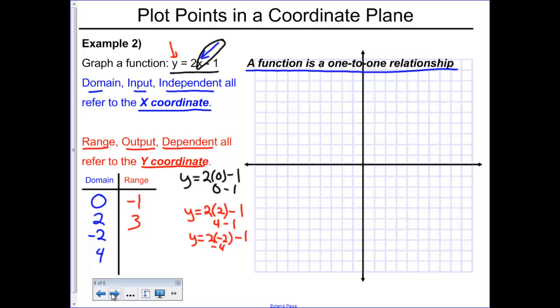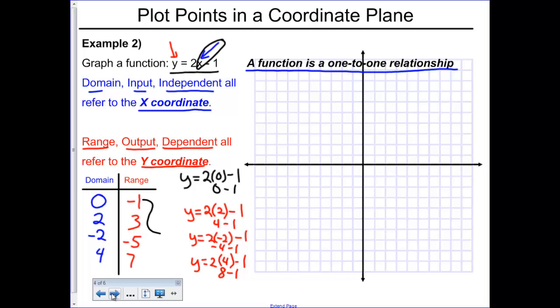That gives us negative 4 minus 1. And the output then would be negative 5. I'll do it again for the last one. So y is equal to 2 times 4 minus 1. 2 times 4 is 8. Minus 1 would give us an output of 7.